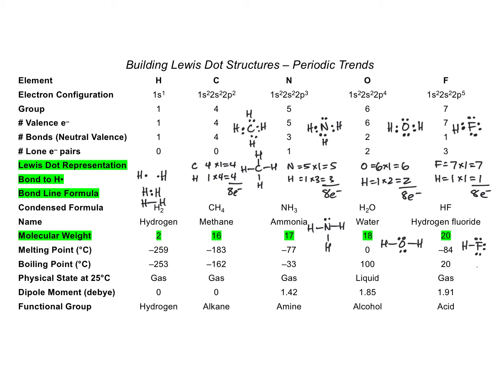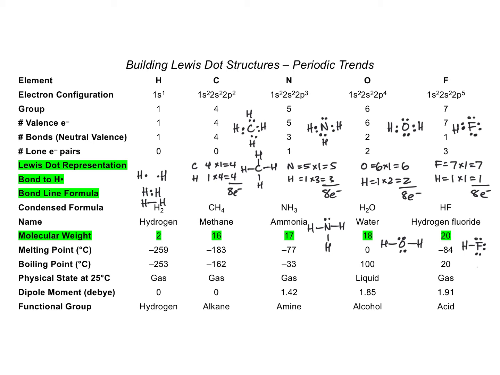And as you want to start thinking in the big picture of why this is important, if we're showing strictly, say, non-polar covalent bonds, or we have polar covalent bonds and lone pairs, the electron density around the atoms, as we can see, starts to affect things like the melting point, the boiling point, the physical state at room temperature.